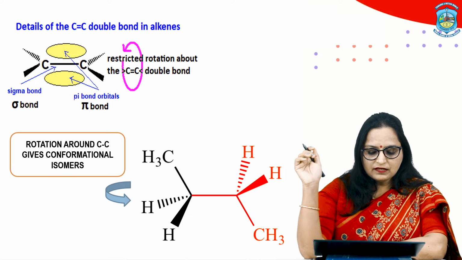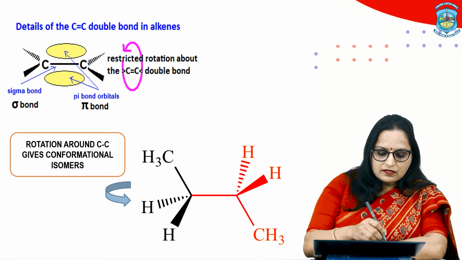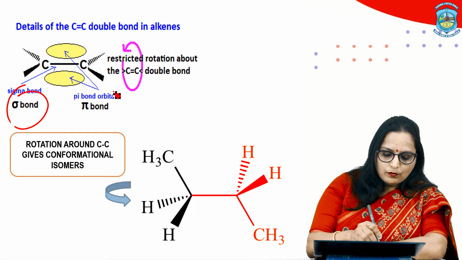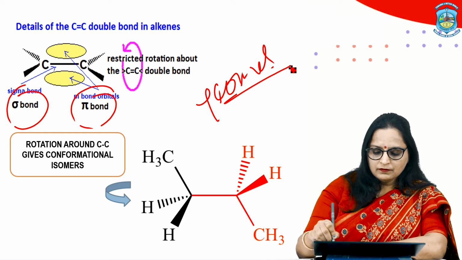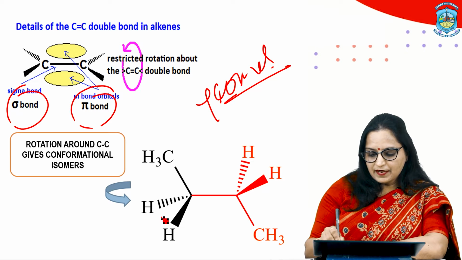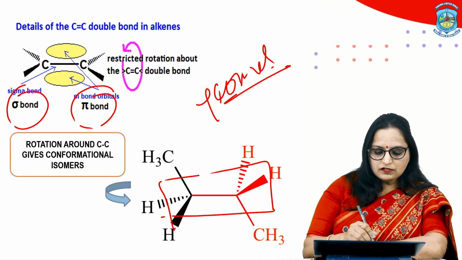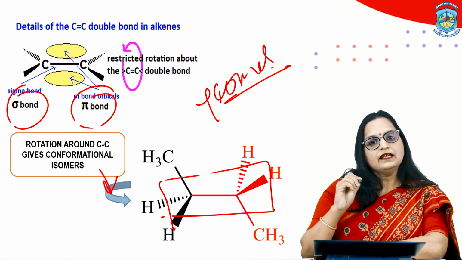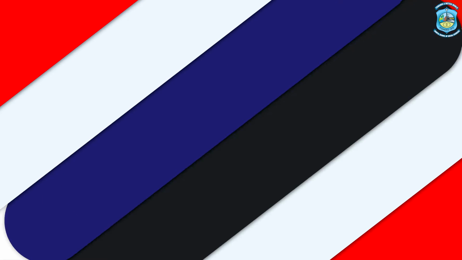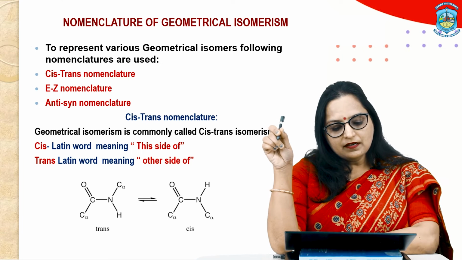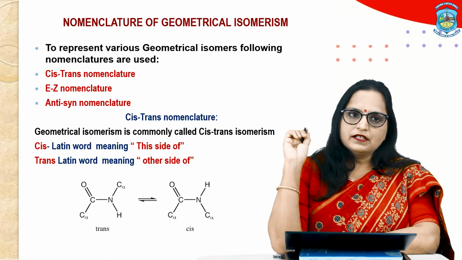Due to the presence of one sigma and one pi bond, we have geometrical isomerism. However, in case of alkanes, there is free rotation and in these structures we have conformational isomerism.